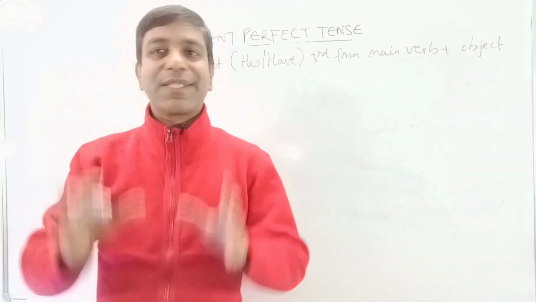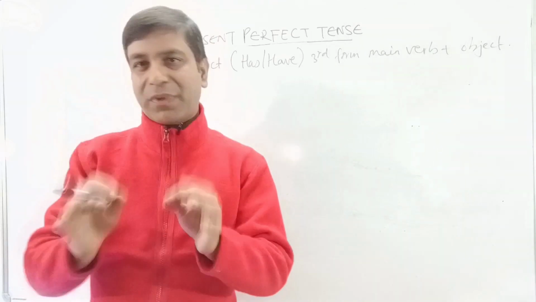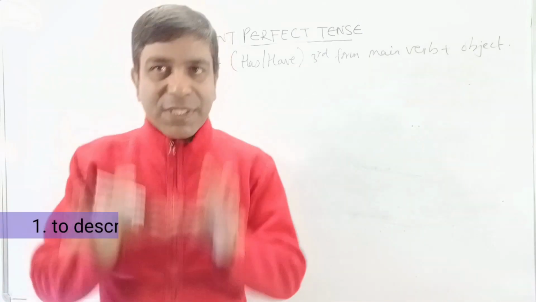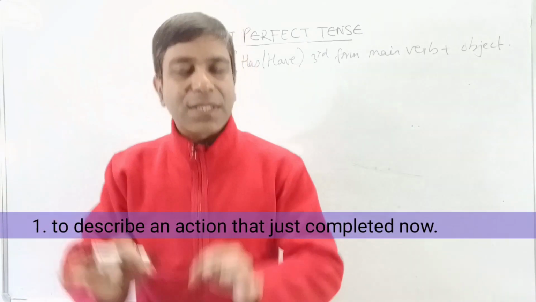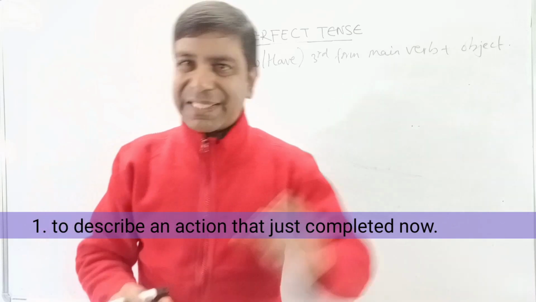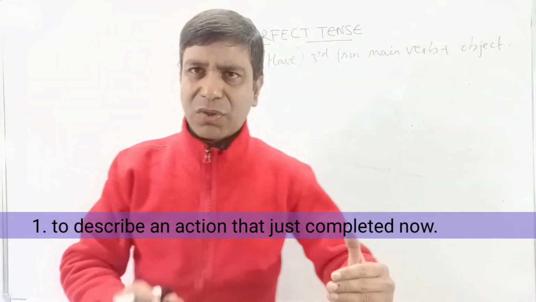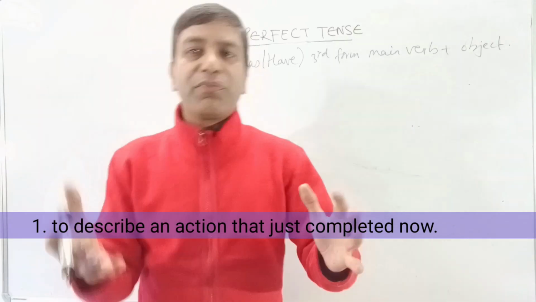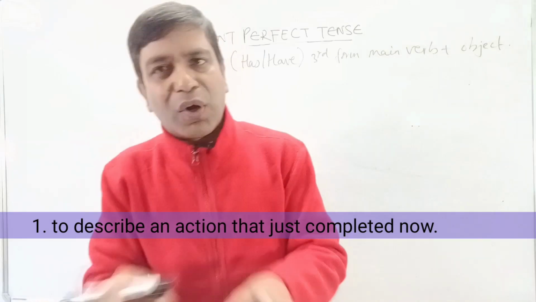So the question is, when do we use present perfect tense? Present perfect tense is used in two ways: to describe an action that has just completed now. It started in the past and got completed just before you are speaking.